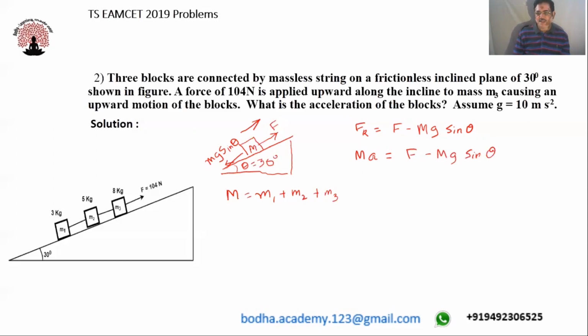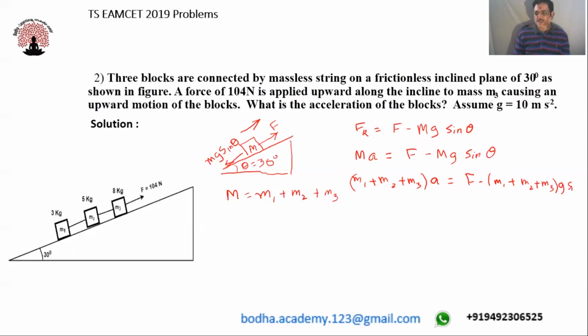But M is nothing but equal to m1 plus m2 plus m3. So I can write m1 plus m2 plus m3 into a is equal to F minus m1 plus m2 plus m3 into g sin theta.